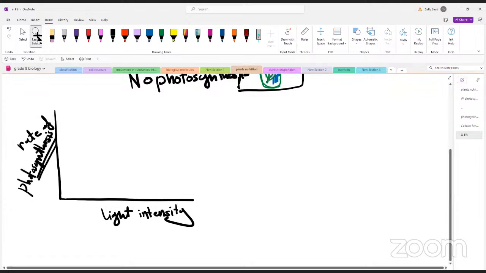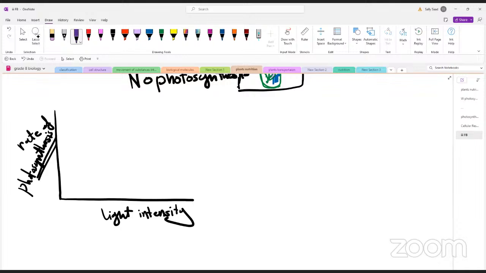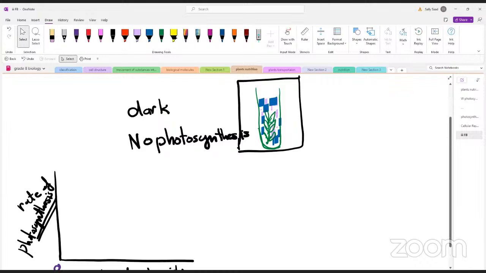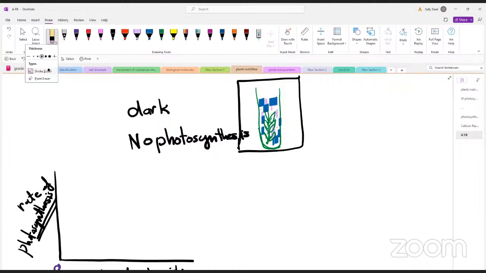Zero light, zero photosynthesis. Okay, I will make an opening here in that dark cardboard box.